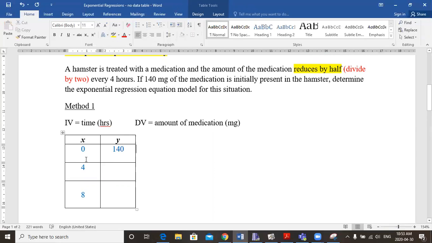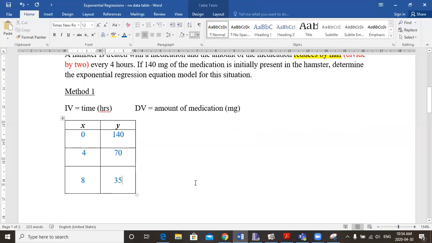To go from 0 to 4 hours, we take 140 and divide by 2. 140 divided by 2 is 70, and 70 divided by 2 is 35. Notice that it's going down by a half: 140 to 70, 70 to 35. If it was going further, to 12 hours, you'd go 35 divided by 2, and so on and so on.